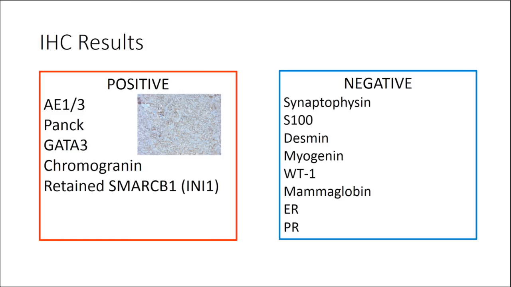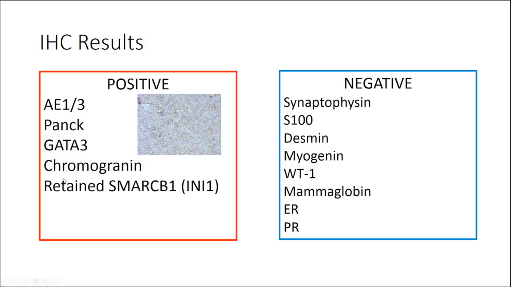In terms of immunohistochemistry, one of my colleagues worked this up and brought it to me, and some of the workup had been done on the outside as well. This was positive for cytokeratin, positive for pan-cytokeratin. The pathologist on the outside had done a GATA3, thinking about whether it was a metastasis.